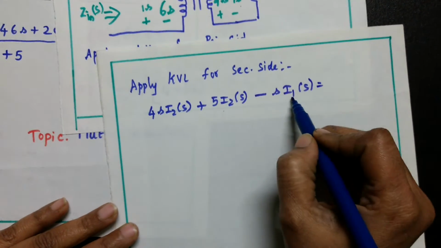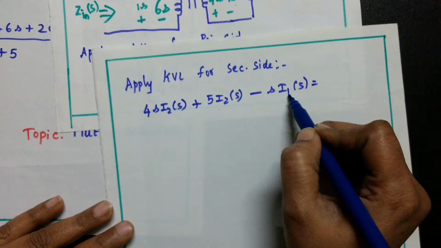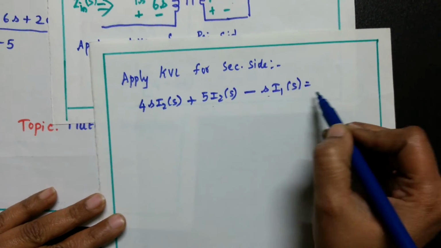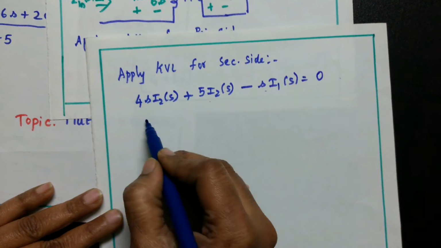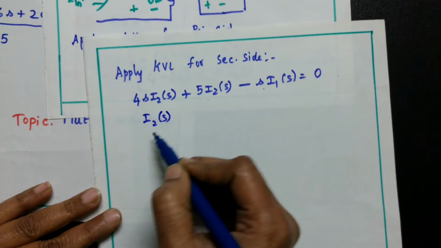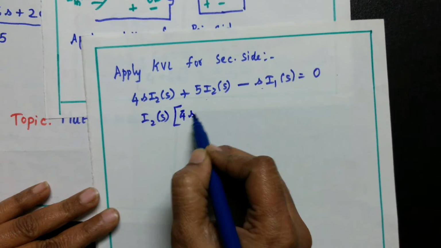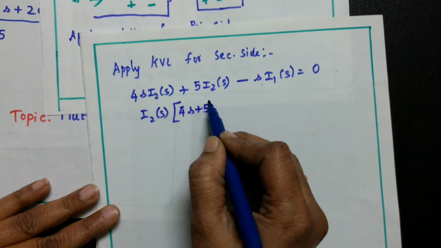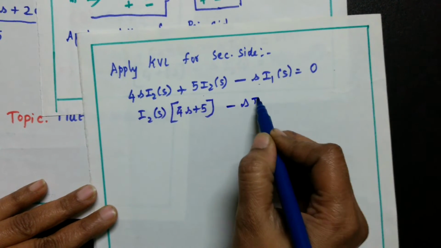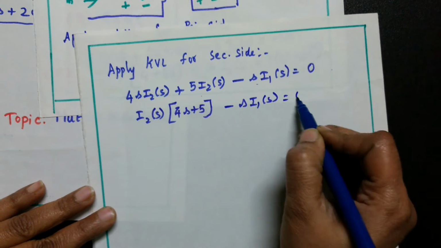So that means it is due to the current at the first coil. So minus S into I1 of S equal to 0. So this is simplified as I2 of S is taken as common. I2 of S into 4s plus 5 minus S into I1 of S equal to 0.